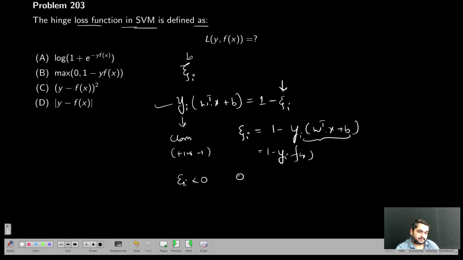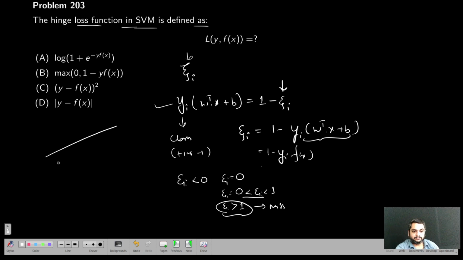It can take 0, or can be between 0 and 1, or it can be greater than 1. So this indicates what? Misclassification, that is, it is on the other side of the boundary. It means wrong classification. This indicates it is on the margin but on the right side of the margin.